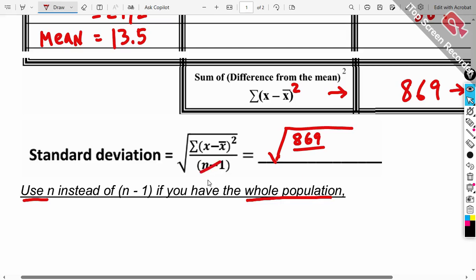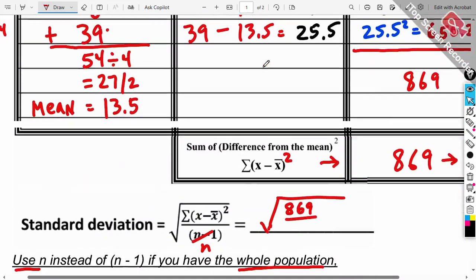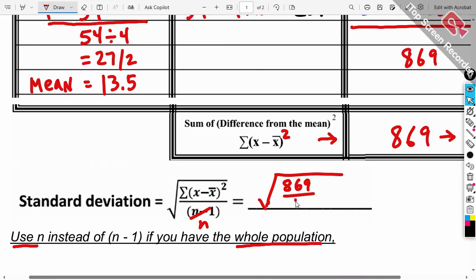So forget the n minus 1. We're going to use n. All right. So what was n? Well, n was the number of values, and that was just 4. All right. So we have the square root of 869 divided by 4.